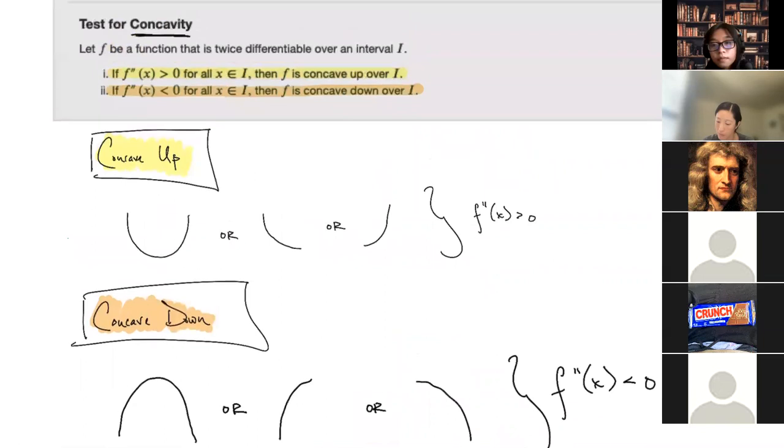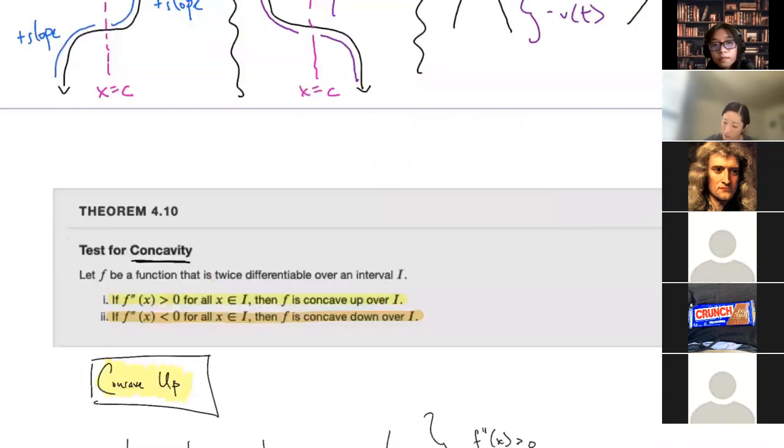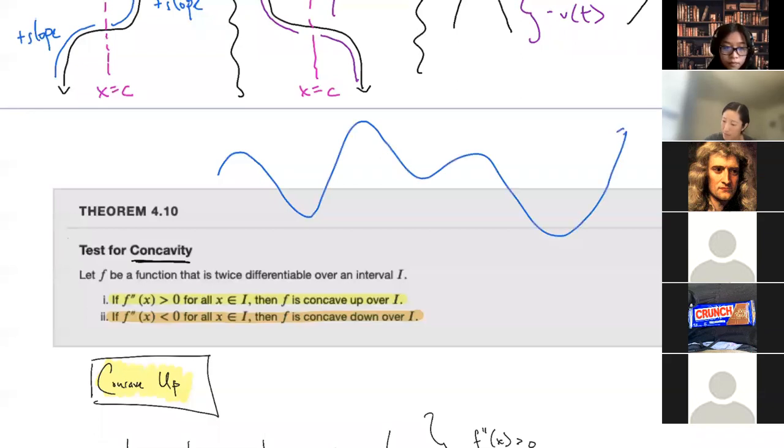So an inflection point, maybe if we just drew a bigger picture, let's say we had something like this. I would say that this function is concave down for this part.